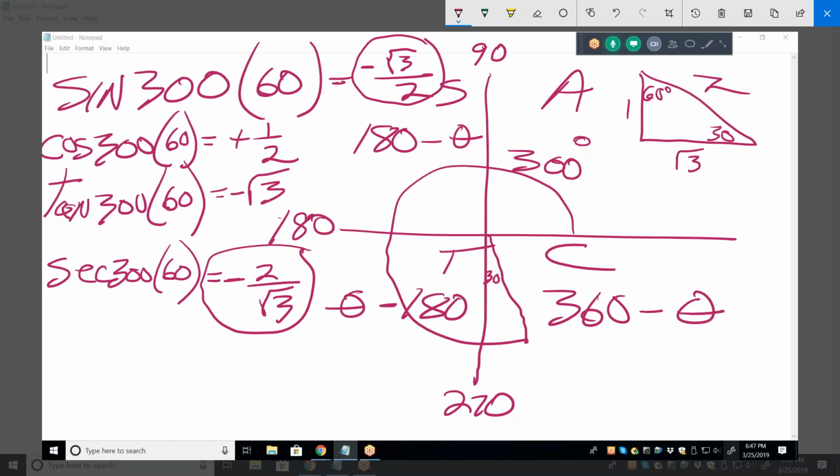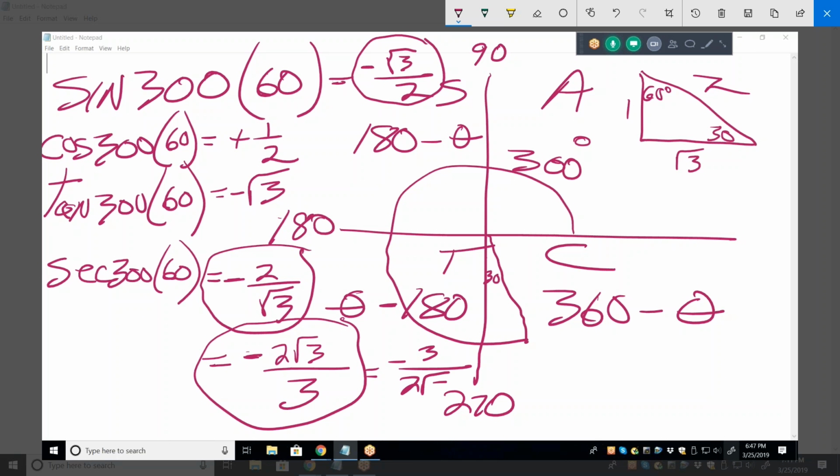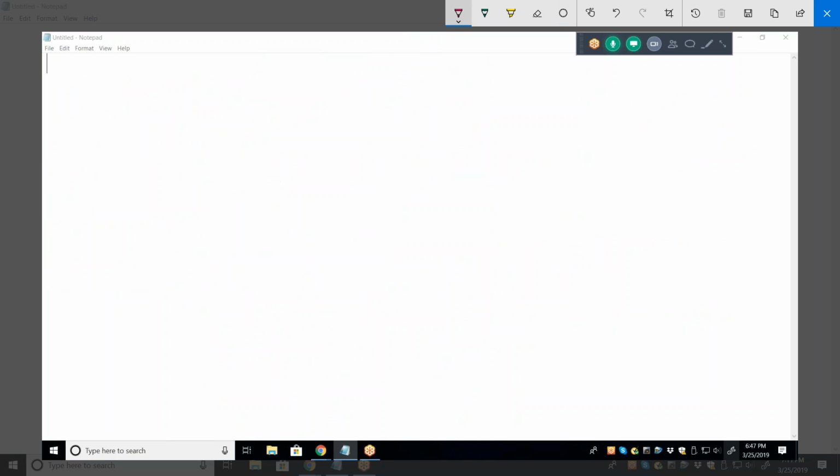Notice what the secant becomes after I rationalize it: minus 2 root 3 over 3, right? Now, if I hadn't started with the sine and I wanted to know what sine is, well, now I got minus 3 over 2 root 3. I got to rationalize that, and that's harder to rationalize than it was to begin with. Yep, more numbers. So there's a lot of logic in not forcing students to rationalize answers on trig.